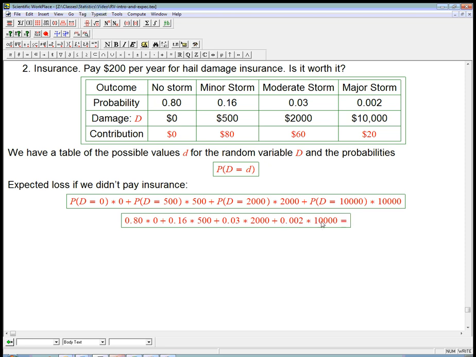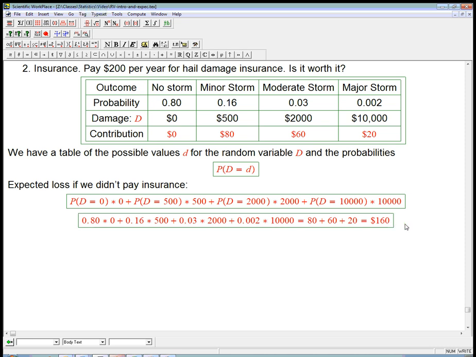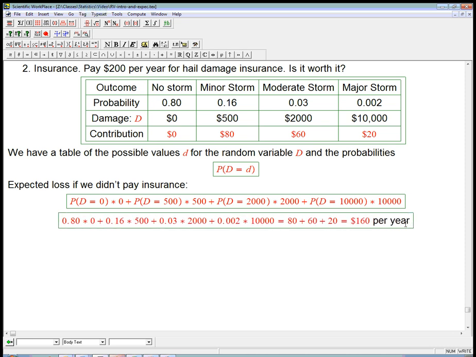And then that's all going to add up to, let's do it by hand. That's going to be 0 plus 80 plus 60 plus 20 equals $160. Okay. So if we didn't pay the insurance, if these are what we would expect to have to pay, we would end up paying on average $160 a year over a very long time to average out the fluctuations. $160 per year.